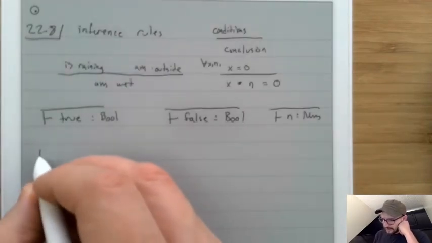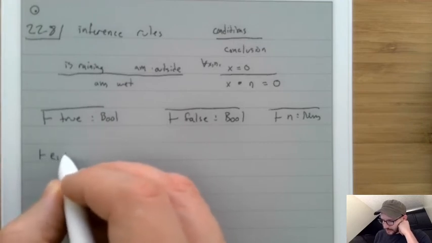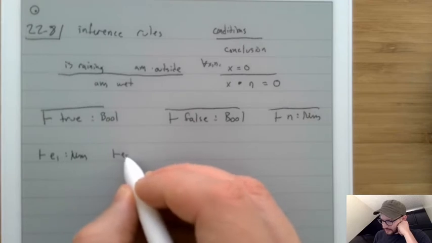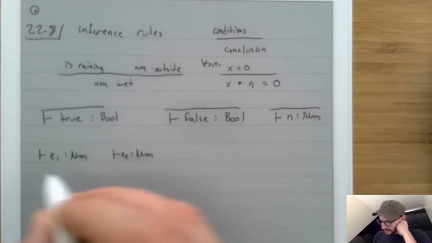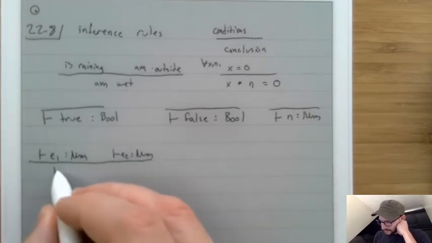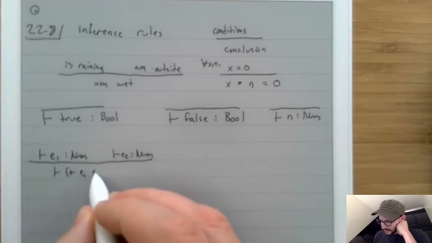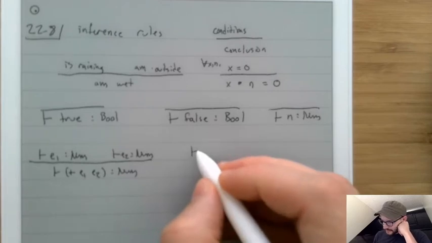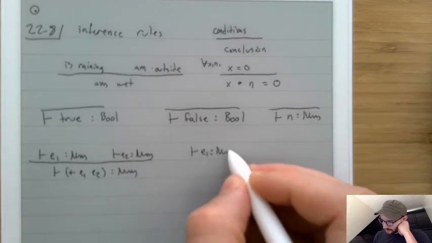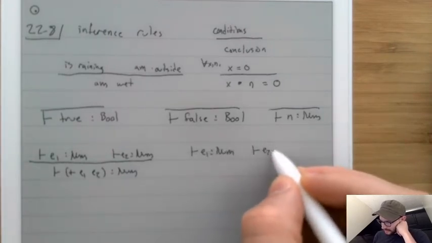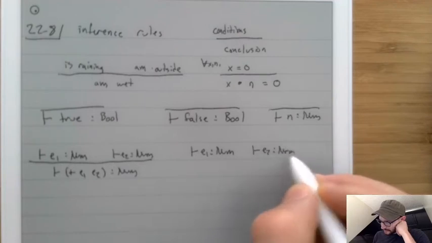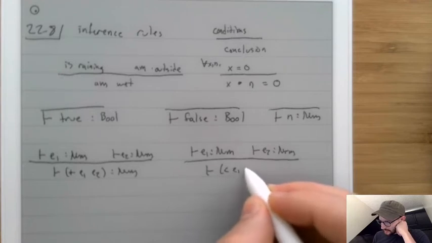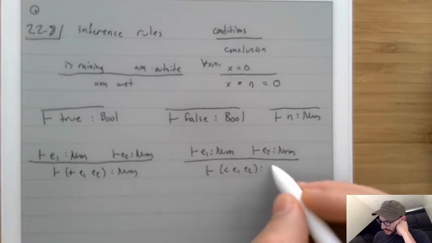We're going to say, if I predict that E1 is a number, and I predict that E2 is a number, then I predict that plus E1, E2 will also be a number. If I predict that E1 is a number, and I predict that E2 is a number, then I predict that less than E1, E2 will be a bool.